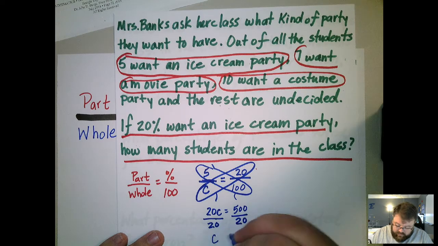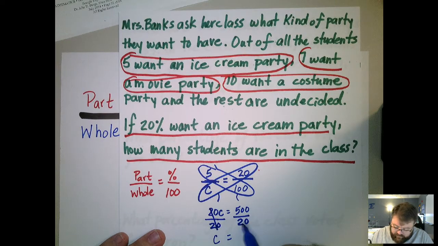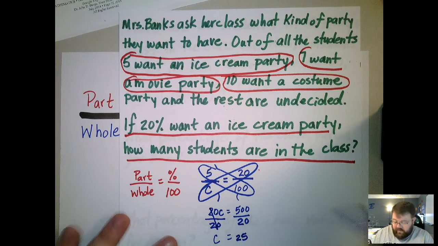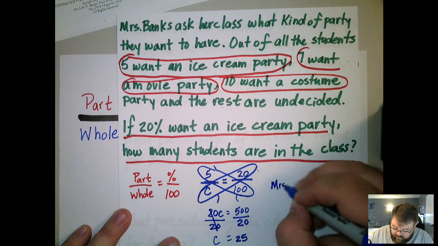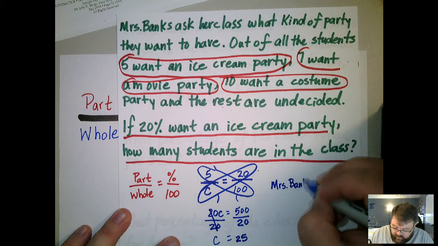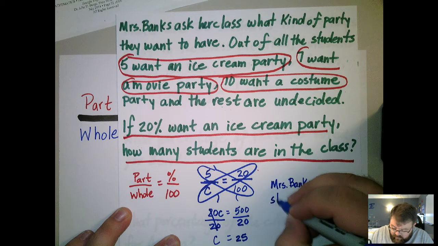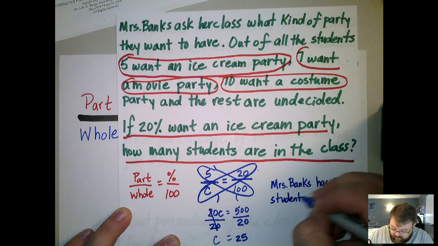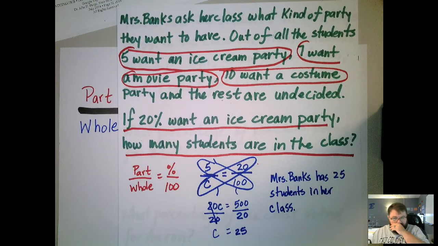So it leaves you with C equals, and 500 divided by 20 is 25. Now, what does it mean? It means Miss Banks has 25 students in her class. Okay?